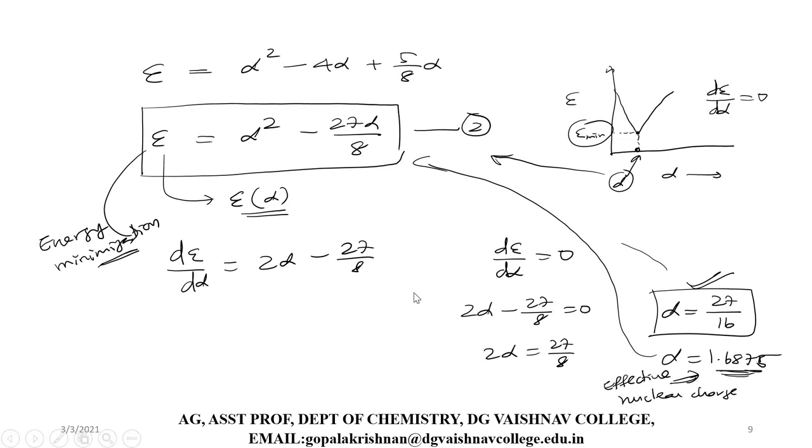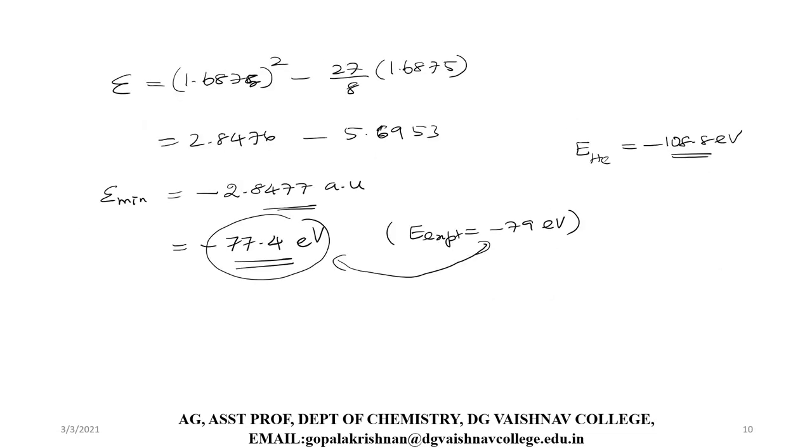I repeat, using hydrogenic wave function as basis function, we have constructed the trial wave function, and for it we got the energy as minus 77.4. We can also improve this value by taking different basis functions, which we are going to discuss as we go along in this lecture series.